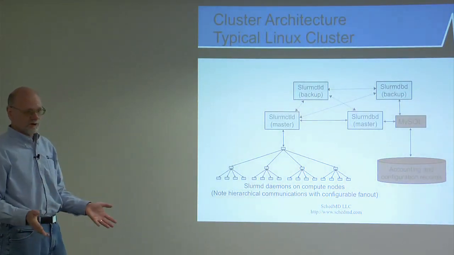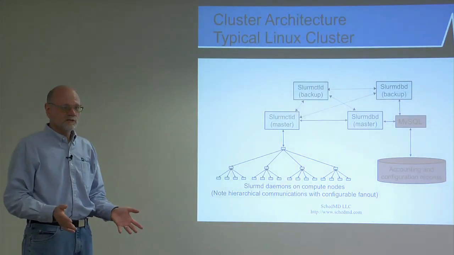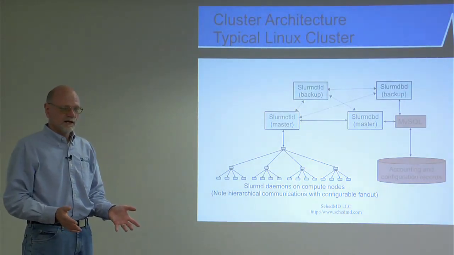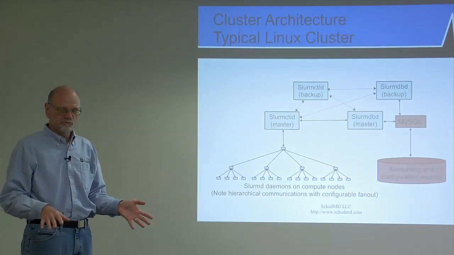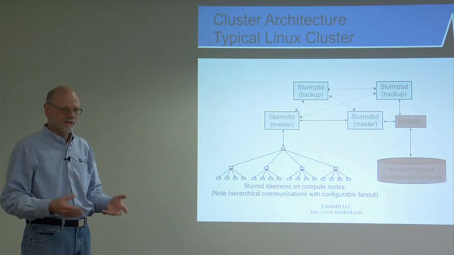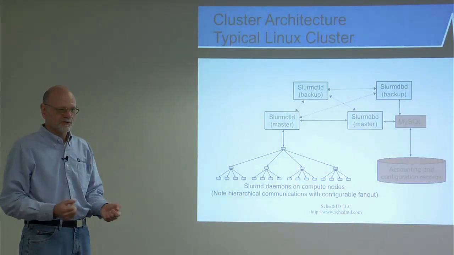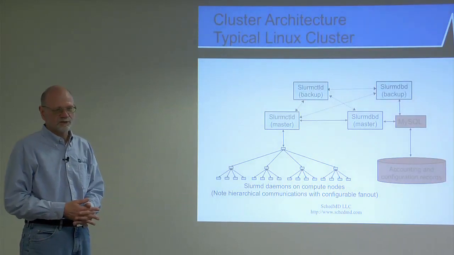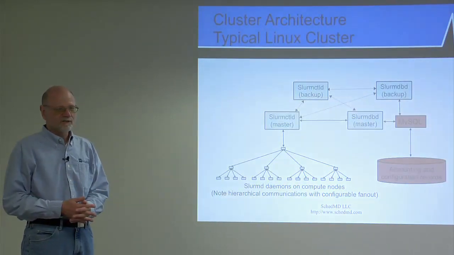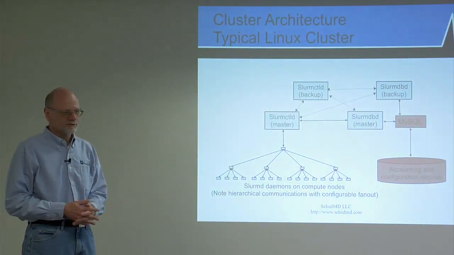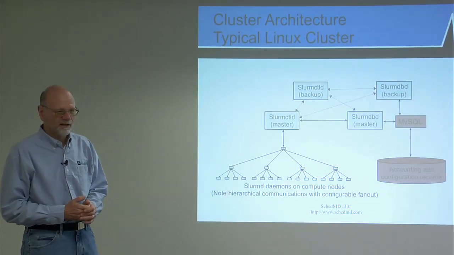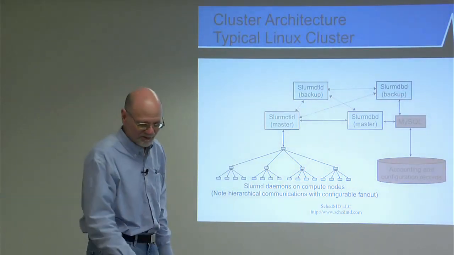In terms of the network configuration, if it's a tree type communication mechanism, then you would be responsible for constructing a configuration file with that. If it's a 2D or 3D torus, you just need to define that and it'll figure it out.